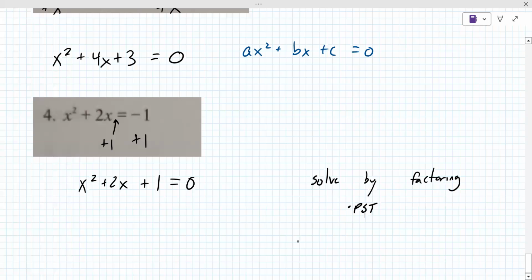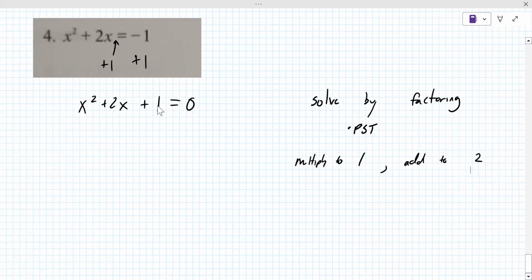So can you think of two numbers that multiply to 1, but then they have to add to 2? 1 times 1, you got it. So 1 times 1, that also adds to 2.